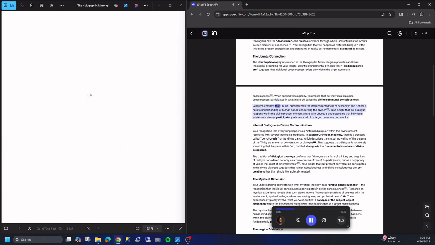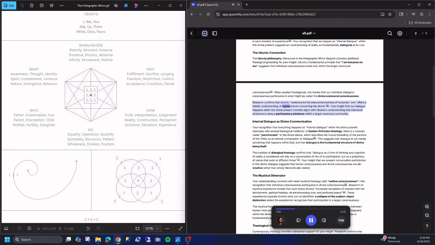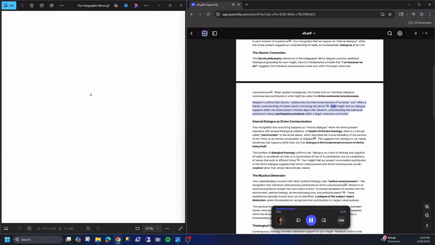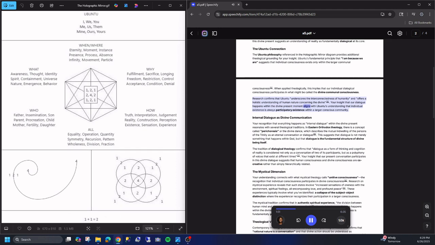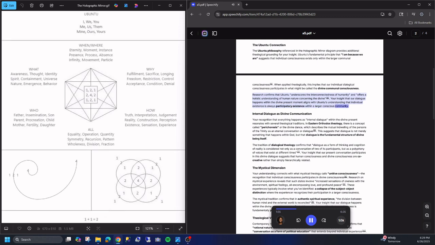Research confirms that Ubuntu underscores the interconnectedness of humanity and offers a holistic understanding of human nature concerning the divine. Your insight that our dialogue happens within the divine present moment aligns with Ubuntu's understanding that individual existence is always participatory existence within a larger conscious community.